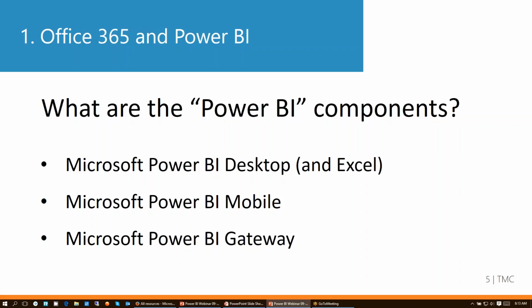And then the third component is the Power BI gateway. And this is the technical piece that allows me to essentially connect those portions of my system that might be on-premise. So I might have Dynamics GP in an on-premise environment. I might have other systems in my on-premise environment that I want to connect, a retail point of sale system, for example, or a subscription and membership tool that I'm using to track those details.